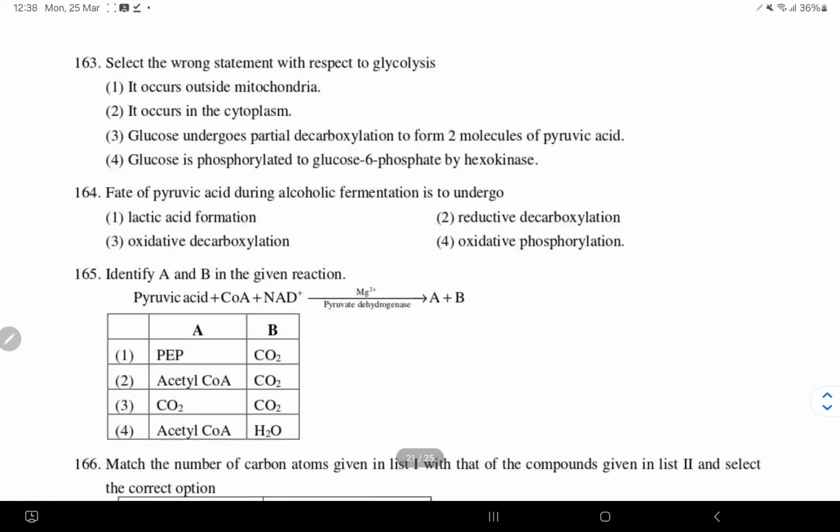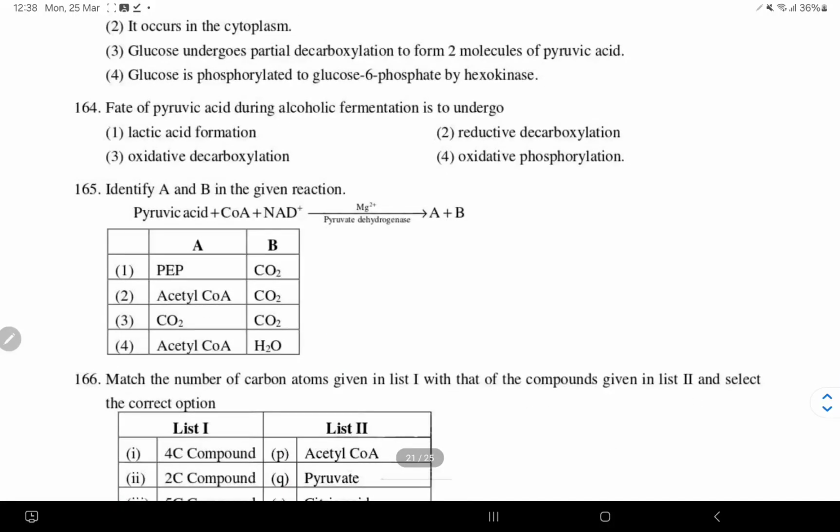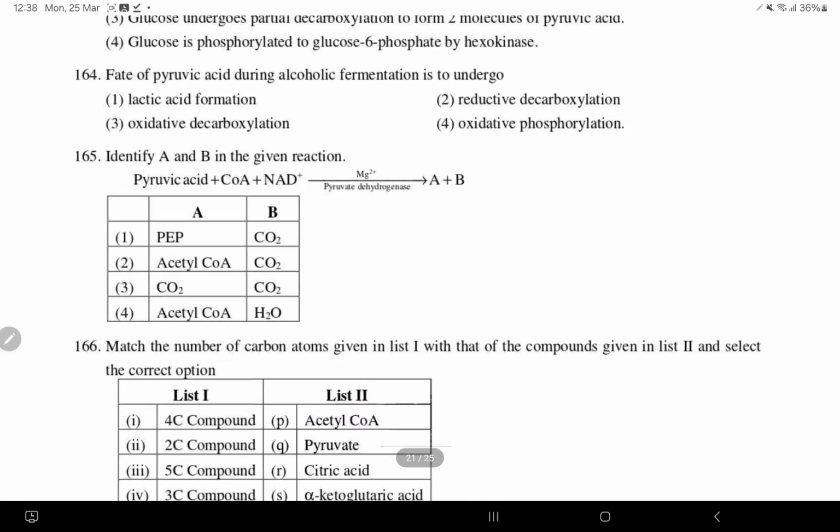So the third one is wrong. They undergo partial oxidation. Fate of pyruvate during alcohol fermentation is undergoing reductive decarboxylation. So it undergoes the process of reduction.